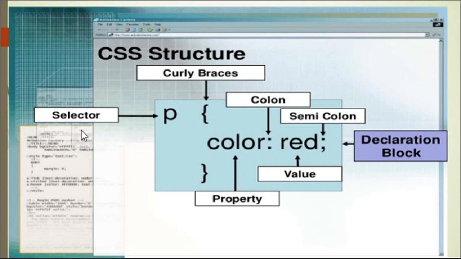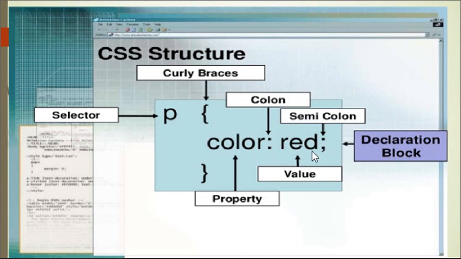Suppose we take the example, this is P as a selector. In these two curly braces there is a color, and the color is equal to red. So color is nothing but the property of this P. If we consider P as a paragraph, so for this paragraph what do we want to assign? We want to assign the color red for that paragraph.